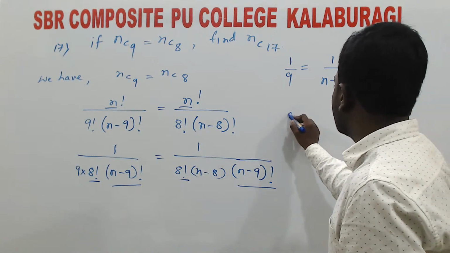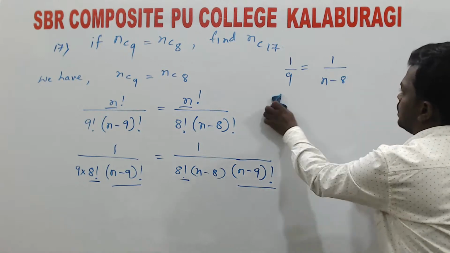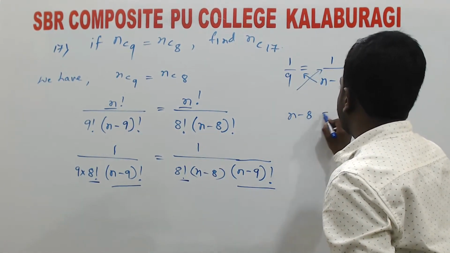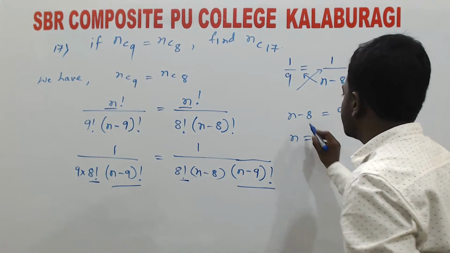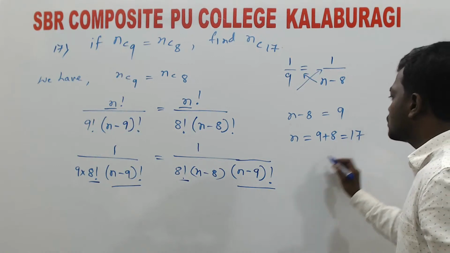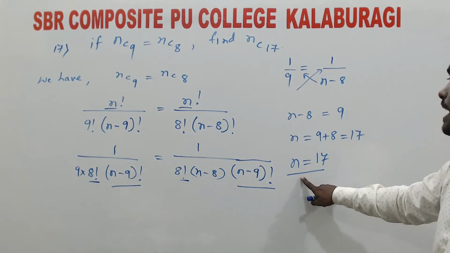Upon taking the reciprocal, or cross multiplying, n minus 8 is equal to 9. So n is equal to 9 plus 8, which is 17. So what is the value of n we have got here? n is 17.